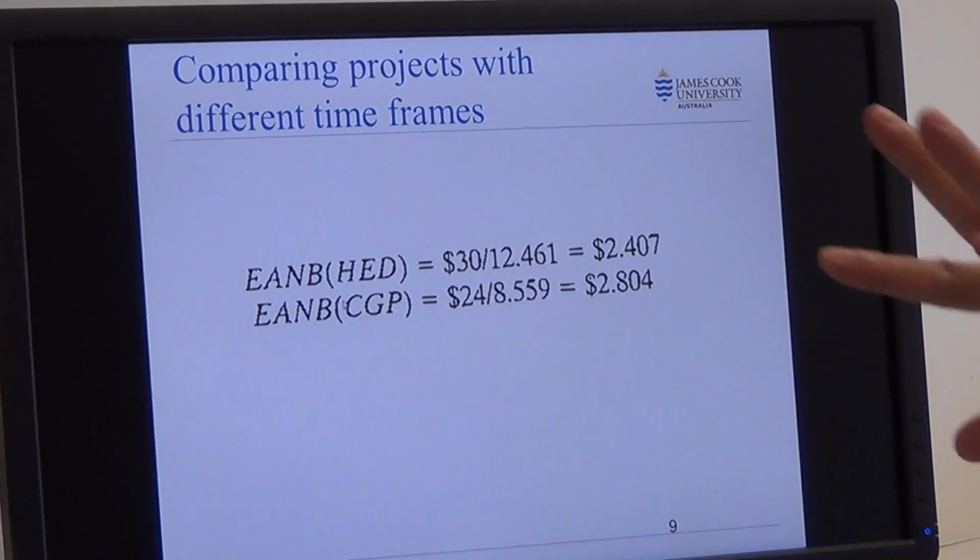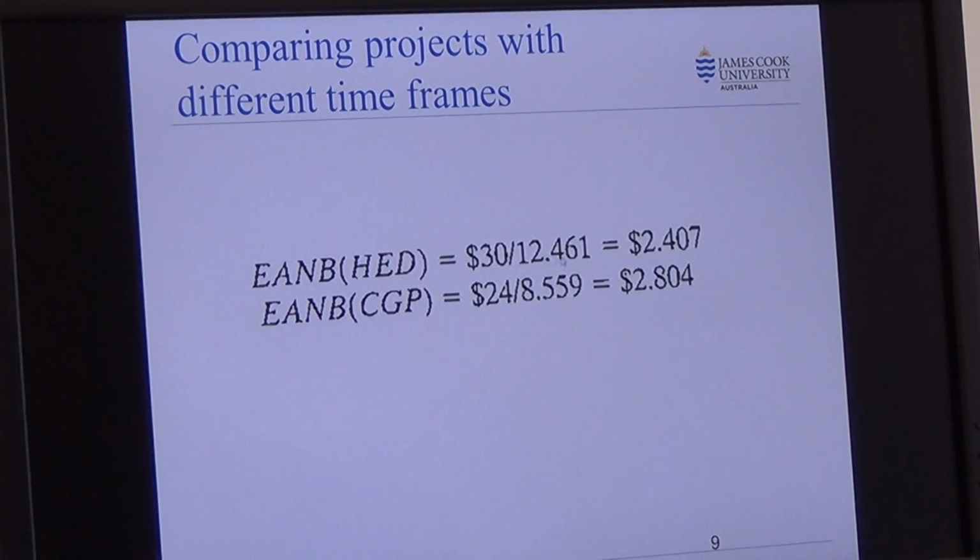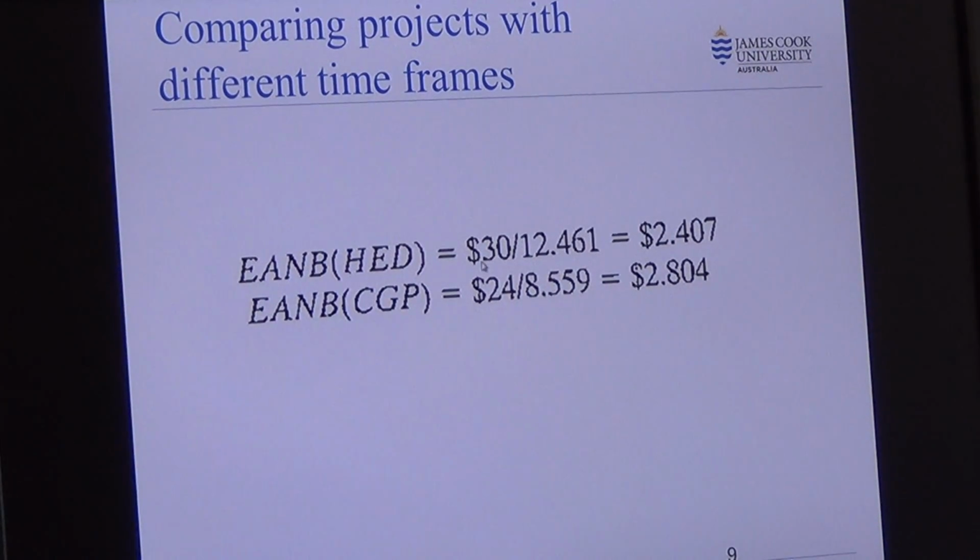Through that calculation, you're going to find that the annuity equivalent to the hydroelectric dam project is $2.407 million per year for 75 years. For the cogeneration project, the equivalent annuity is $2.804 million for 15 years.